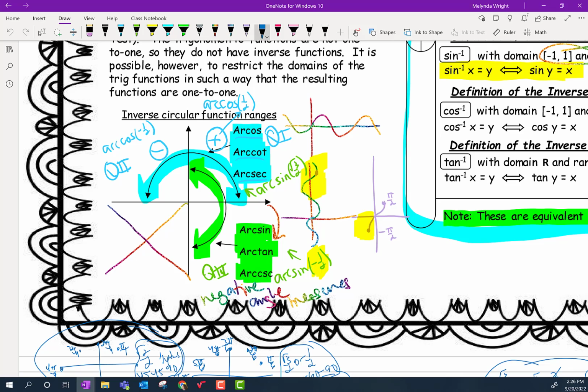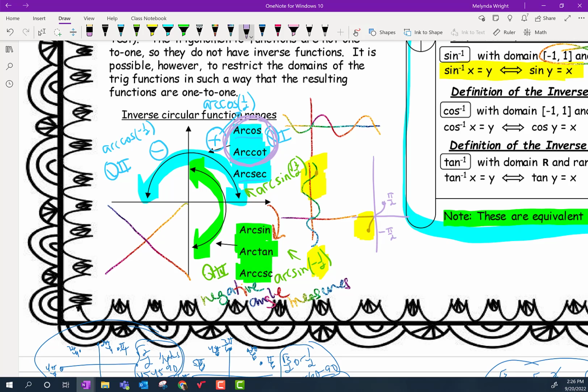One thing that I would like to point out is I think the arc cosine and the arc sine and their reciprocals are pretty straightforward, but the cotangent and tangent can be very confusing. So I'll just explain how I think of it. The arc cotangent, I think of it being with arc cosine. Cosine, cotangent, they both start with a C, so they behave the same way in the same quadrants.